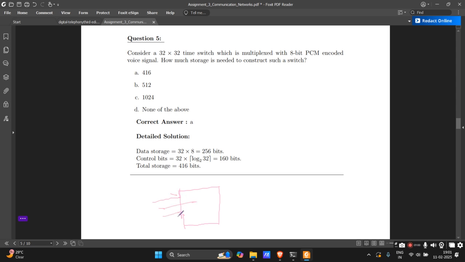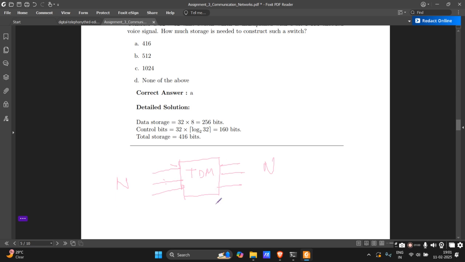There are n inputs and n outputs. So if there are n inputs and n outputs, 32 cross 32, here n is equal to 32.